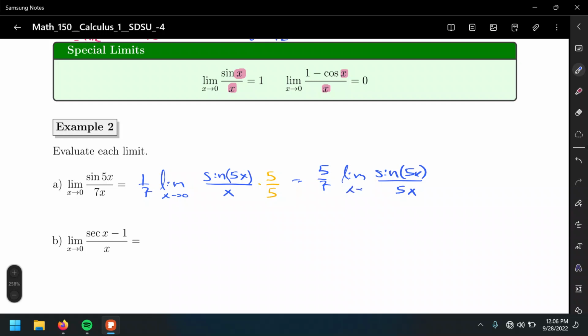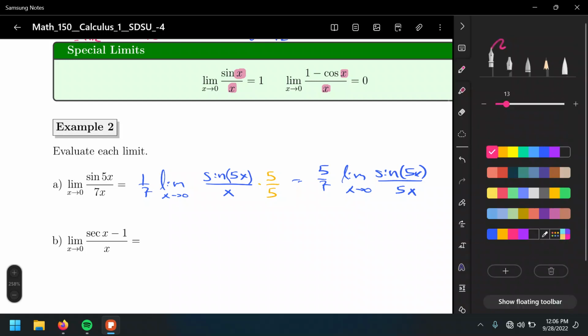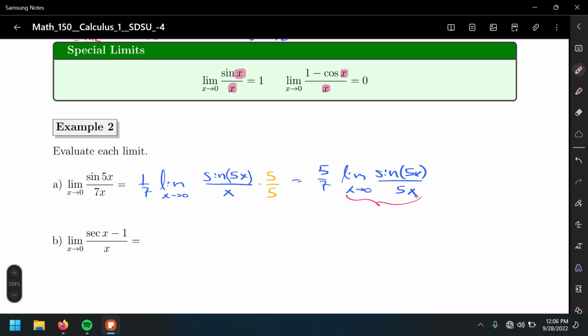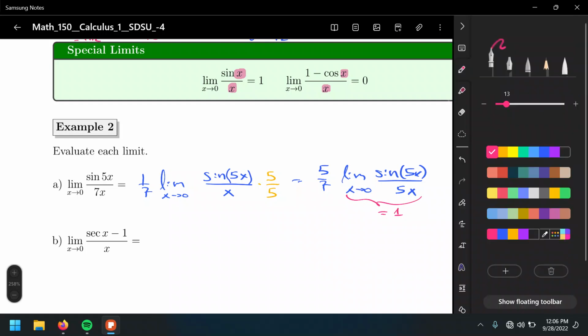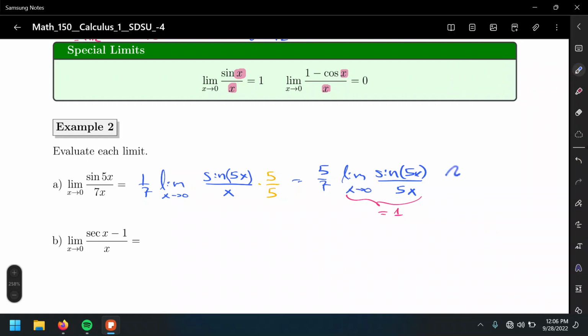Well, as x approaches 0 in this case, we know that from the definition before, we know this equals 1. Okay, so that'll be 5/7 times 1, which is simply 5/7. All right.